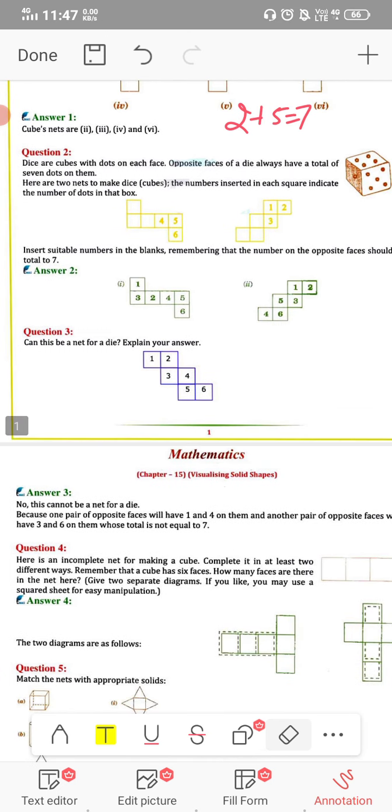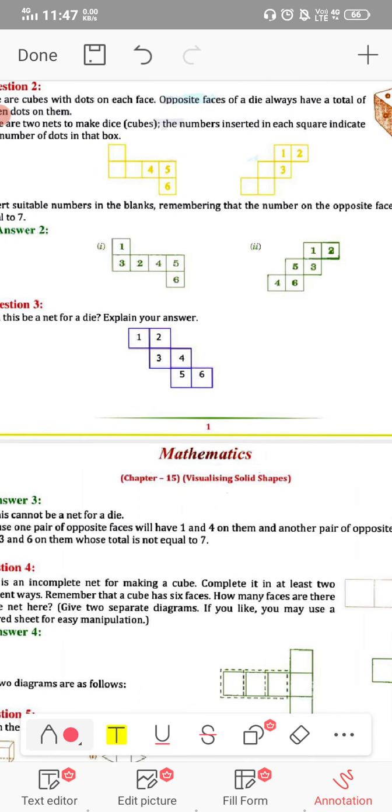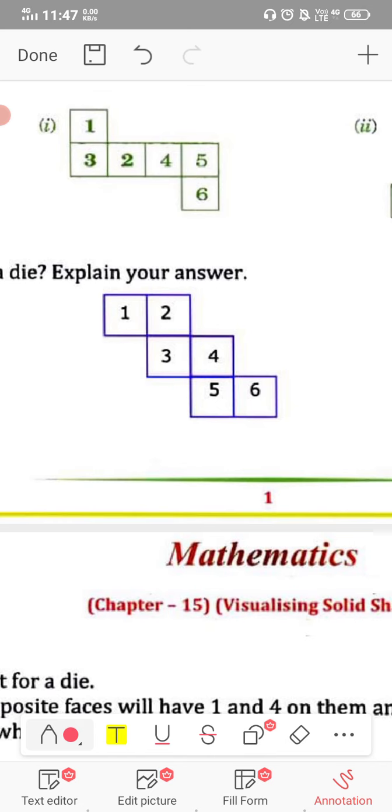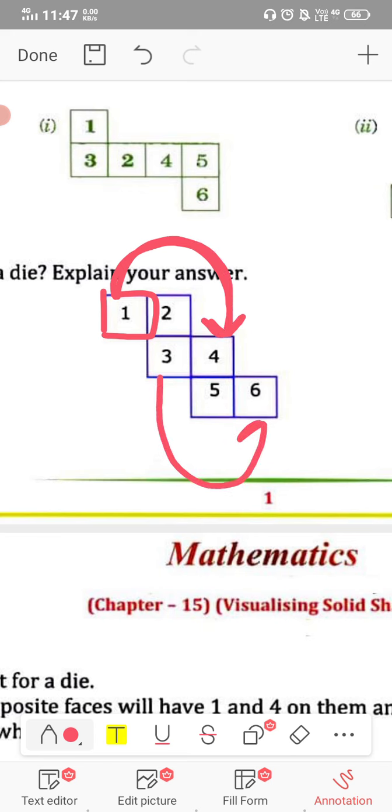The question number 3 is: we have been given a net and we have the numbers 1, 2, 3, 4, 5 and 6. So he is asking if this is a net of a cube or not. So firstly we will mark the opposite faces of the numbers. This surface is the opposite surface of this, and this surface is the opposite surface of this.